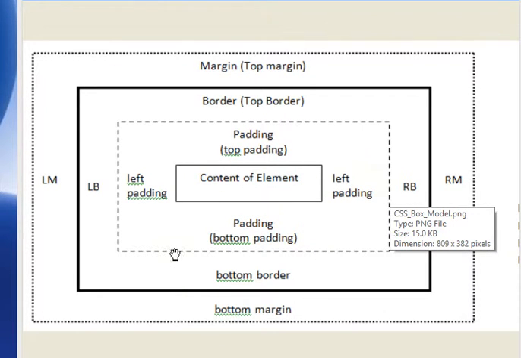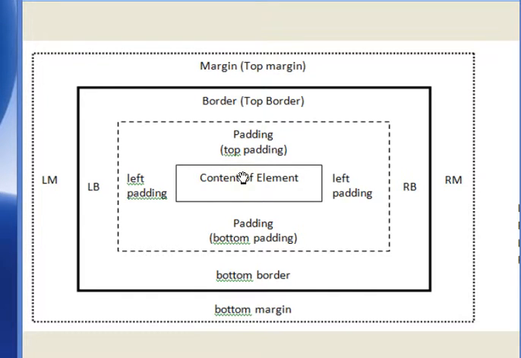This model describes the content of the space taken by an element, right? So this is what a CSS box model is, and we'll see one by one what exactly these are.